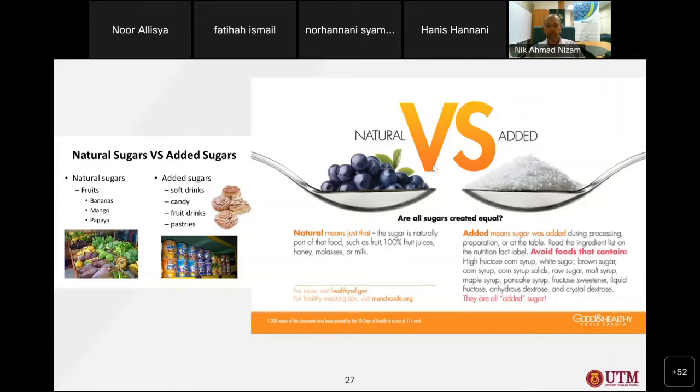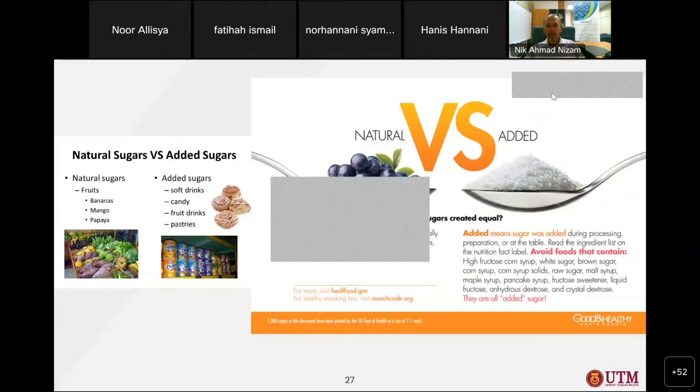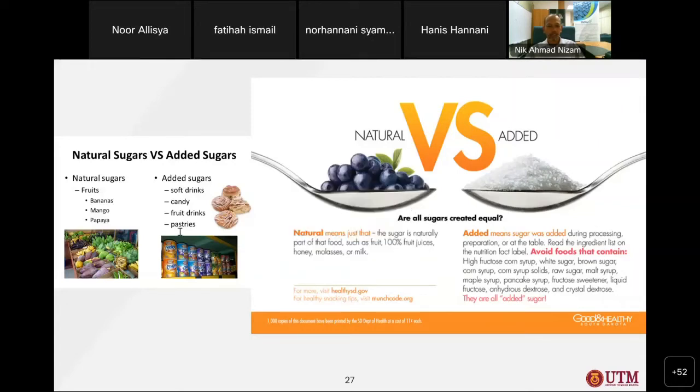So there is one question from your friend here. Doctor, if we take a lot of sugar from fruit? Actually, you are not taking any sugar from the fruit, you just eat fruits. So there is no issue on that, because in the fruits there is a lot of fructose.